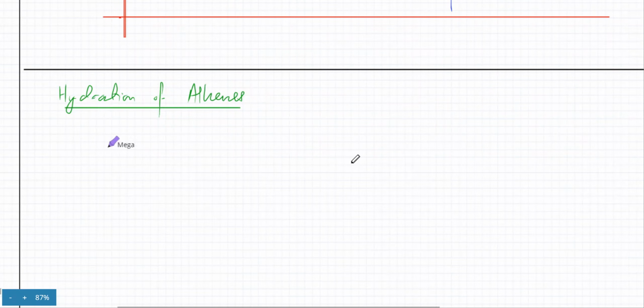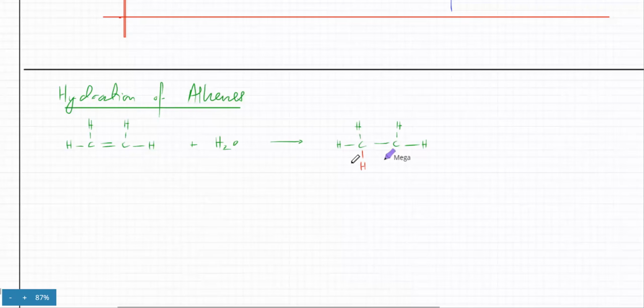That's a reaction where an alkene, let's say ethene, reacts with water molecules. The double bond would break, and on one of the carbon atoms, an H would get added, and on the other one, the OH group would get added. So water molecules are going to get added.